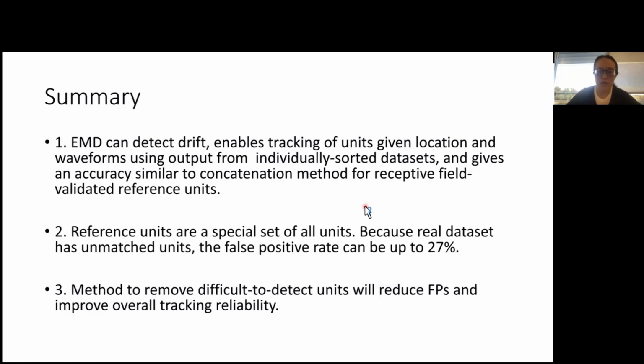So what we want to concentrate on in this talk is how EMD works well in detecting drift, but it will be very helpful if you can add an additional step of screening the data set first. For example, by adding some quality metrics to eliminate some of the units, you can have mostly reliable units in the matching, and the false positives will be much lower.